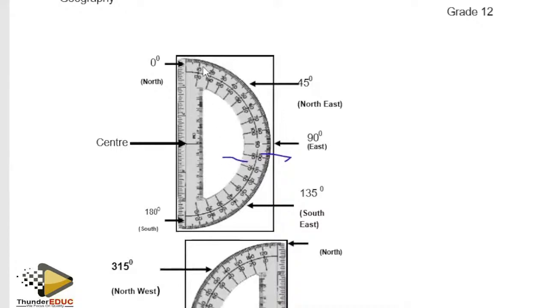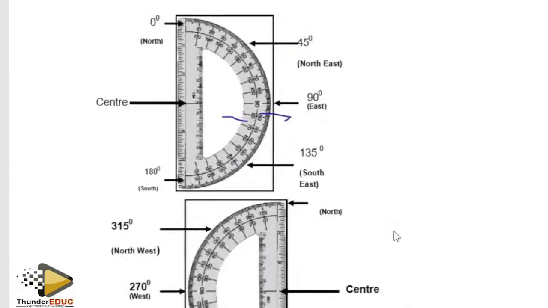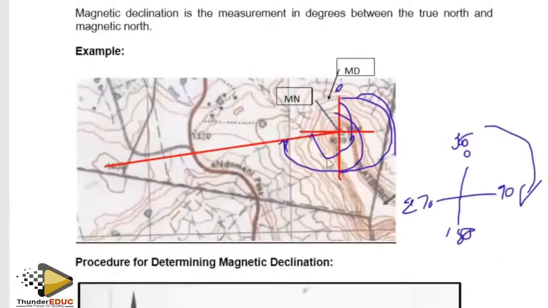I want you to see 0, 10, 20, 30, 40, and so on. This must be 180. So this line that you drew should be sitting exactly on this line. We don't use the edge here. We use the line that is having 0 and 180. Then after laying it like this, this is 180.